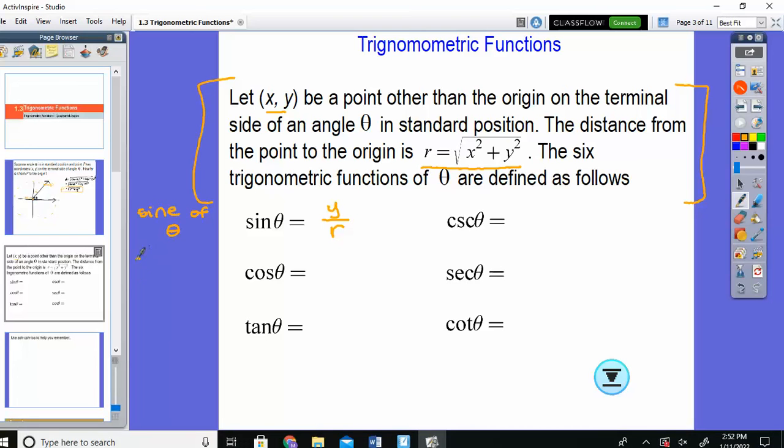Next one, this isn't "cos," this is cosine of angle theta. And cosine is x divided by r. Tan, that's called tangent.